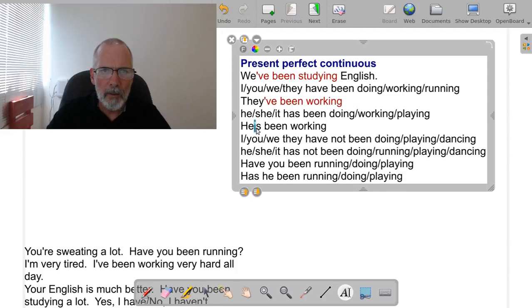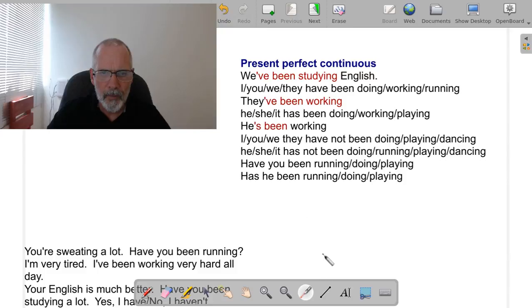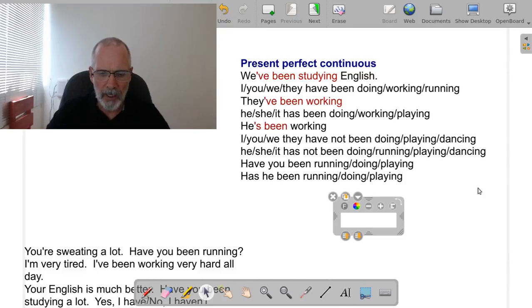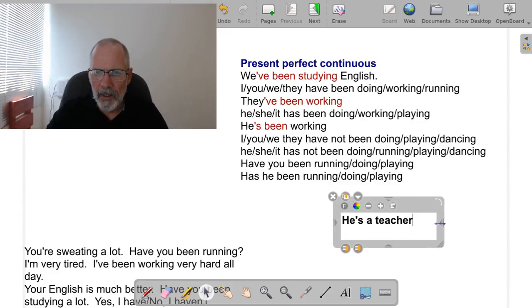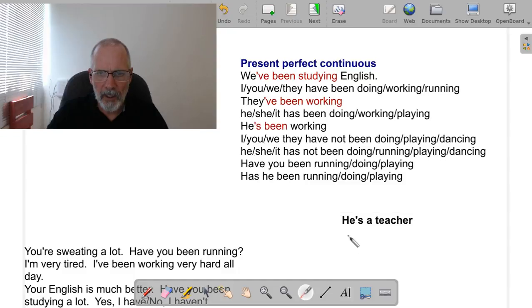So here we're using the contraction. And remember the difference, this contraction here, for example, if I say he's a teacher, this here, of course, is the verb be. This here is the verb be.